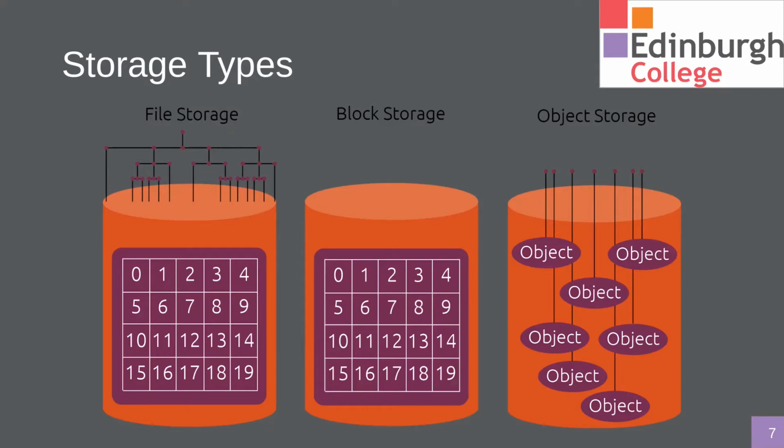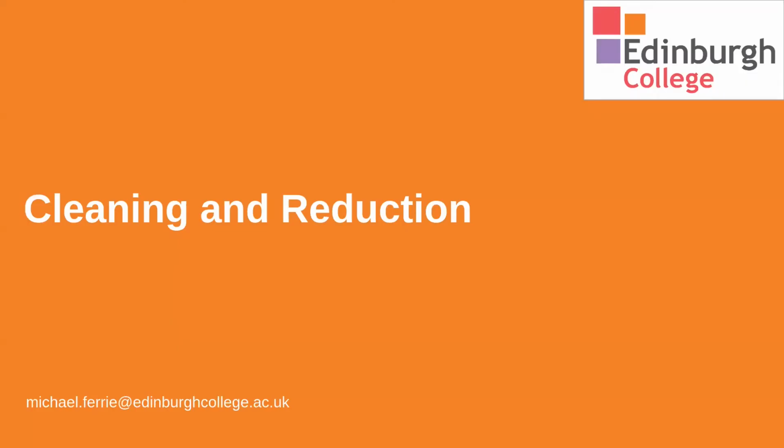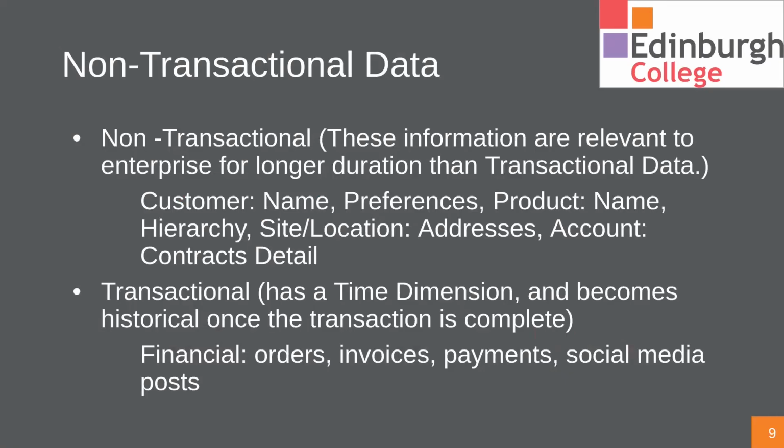So the next subtopic is called cleaning and reduction. The first topic in cleaning and reduction is non-transactional data. To know what non-transactional data is, we need to know what transactional data is.